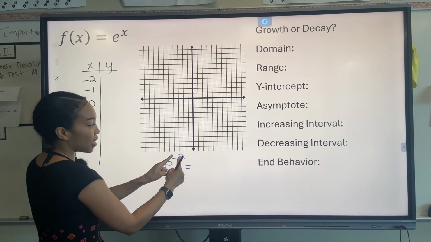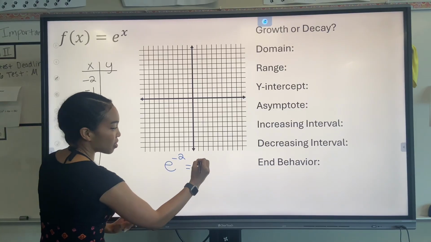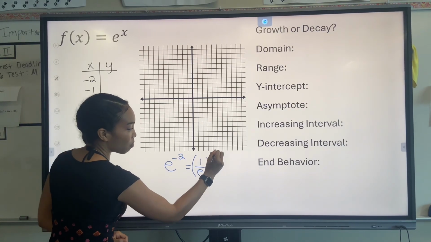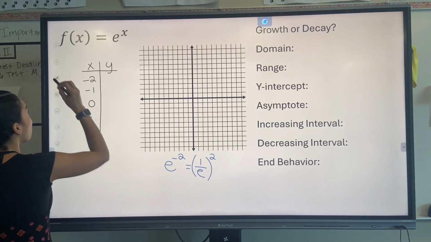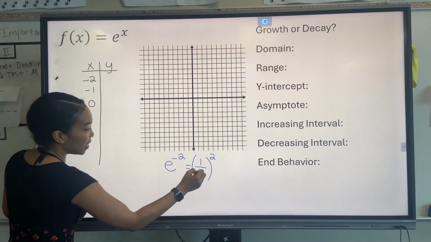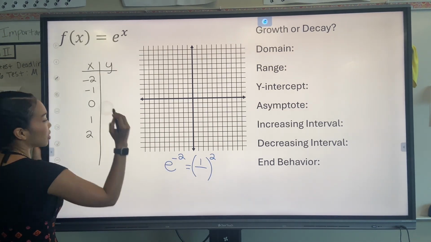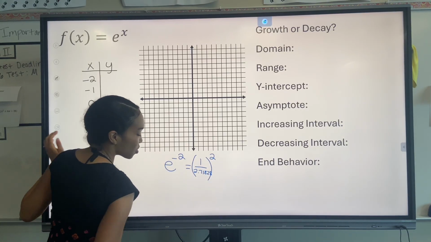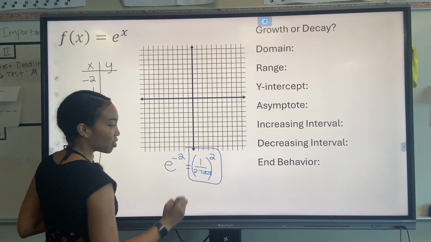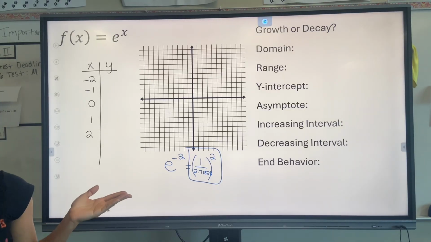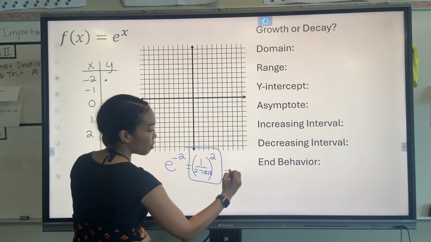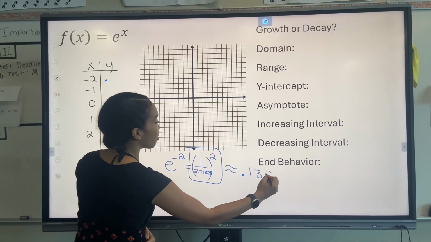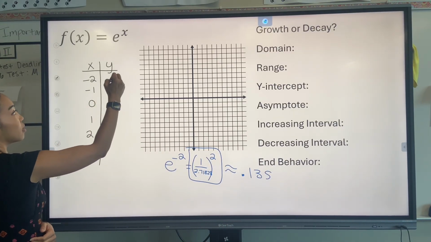Because this is a negative exponent, we're going to flip this number, make it 1 over e, and now this exponent is positive. Now remember, we just said that e is approximately 2.71828. So guys, go ahead and type this into your calculator. Let me know what you get. You're getting approximately what? 0.135? Okay, so I'll just put 0.1.